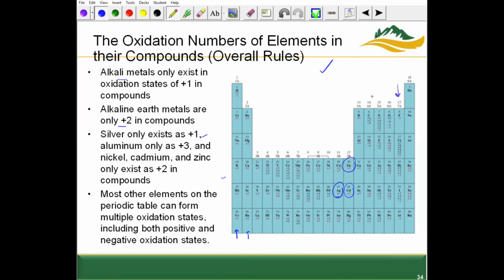Fluorine -1, carbon +4. So the ones in red are the more common ones that are listed. You can see that chlorine can actually have a whole variety of oxidation numbers. It just depends on the state of the atom and maybe what molecular ion it's in. Okay, so this will be another handy visual to have for these oxidation numbers.